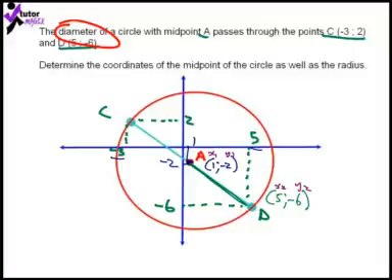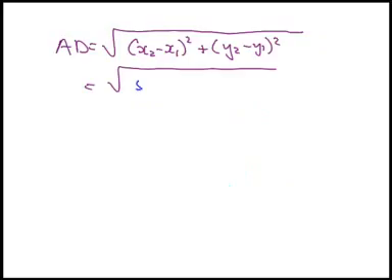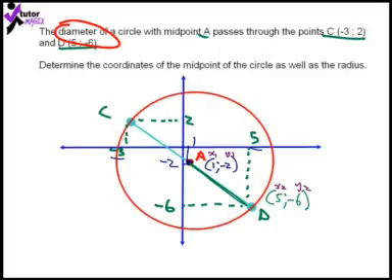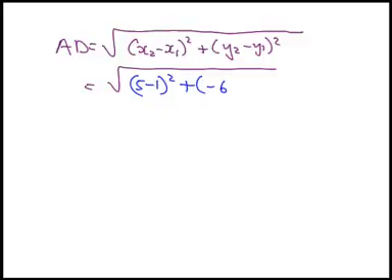Really doesn't matter in which sequence you do this. x2 minus x1 is 5 minus 1, squared, plus y2 minus y1 is -6 minus -2. Be careful for that minus 2. So it's -6 minus -2, squared.